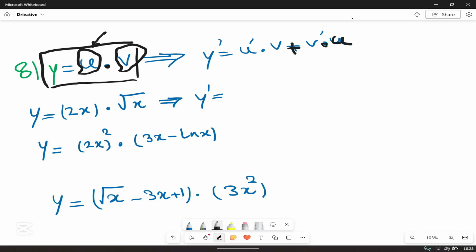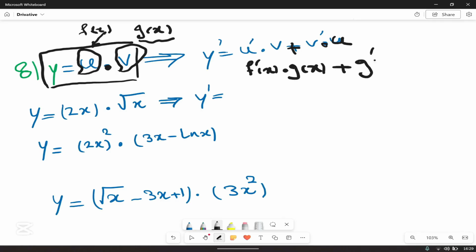You have two functions f(x) and g(x) and they multiply together and you're going to calculate the derivative. You calculate f prime x times g(x) plus, right now, the derivative of the second one, g prime x, times f(x).